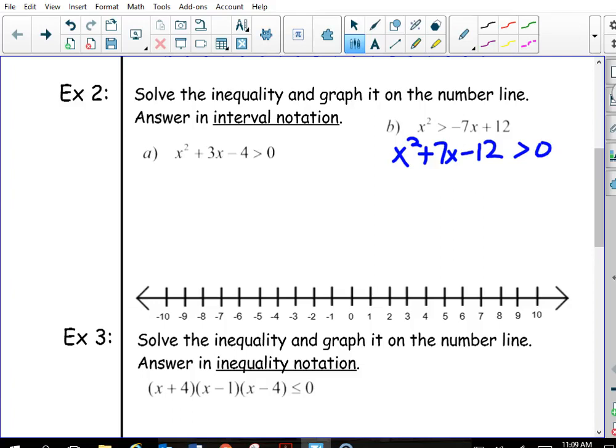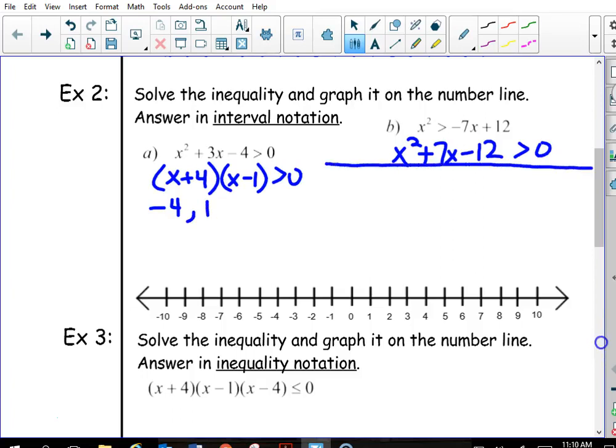This is also easy to factor. It looks like x plus 4, x minus 1. And that allows me to set up my zeros at -4 and positive 1.